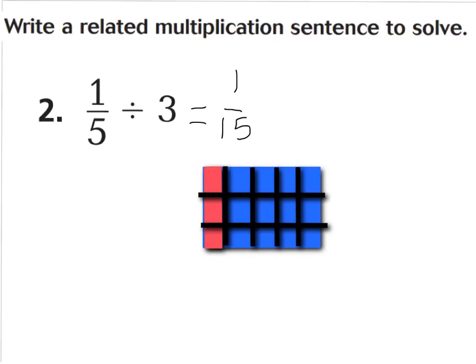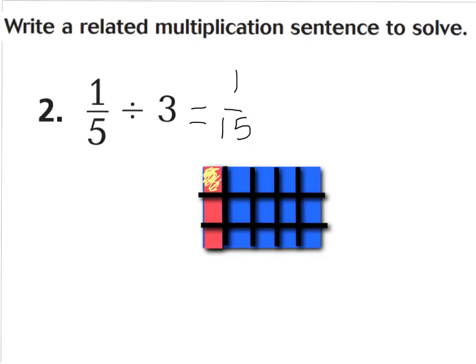Because if we had 1/5, one part out of 5 parts shaded in, and you're cutting it into 3 parts, well then each one of these parts is now 1/15. So let's go ahead and shade in that 1/15 right here. And this shows that 1/5 divided by 3 would equal 1/15.